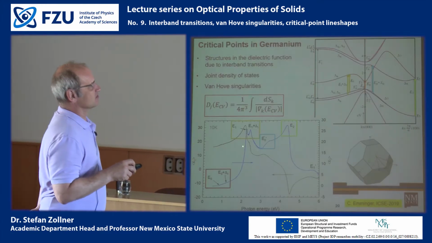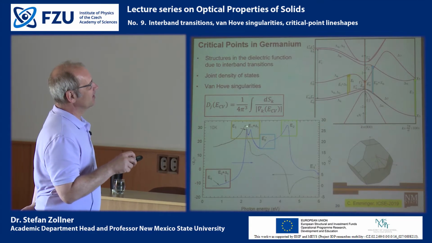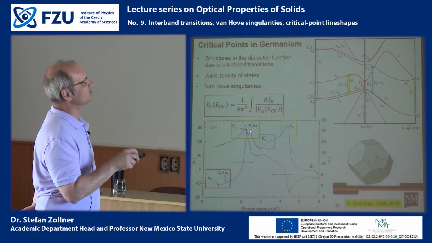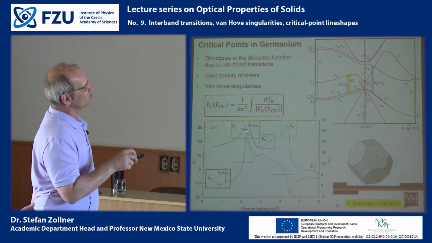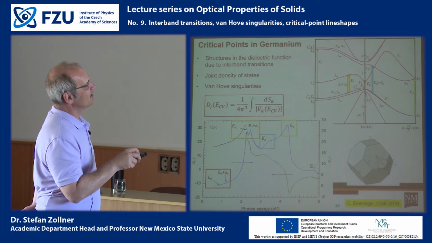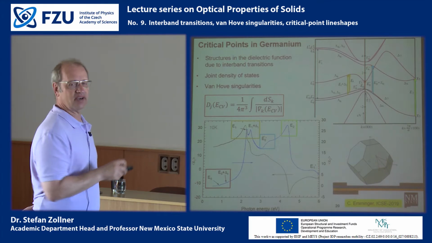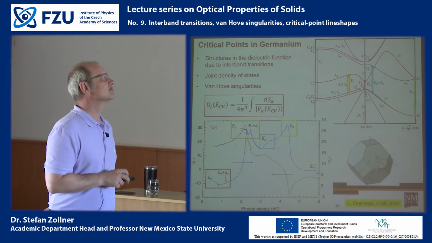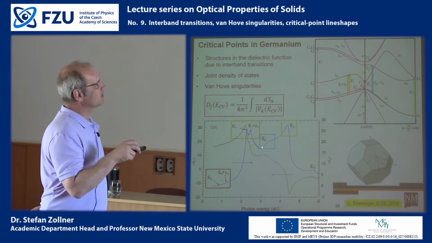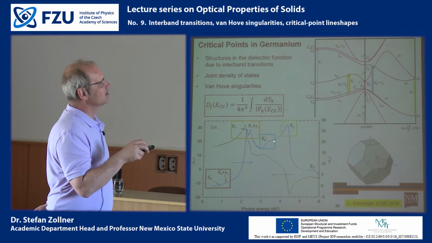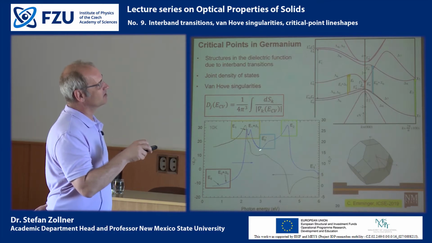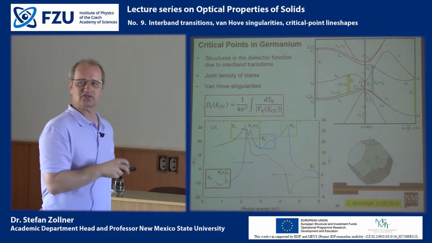Finding peaks can be difficult. In this case, it's very easy. But what you'll see is that the maximum in the imaginary part and the maximum in the real part are not at the same energy. And here the E0 prime is sitting on top of this linear background.